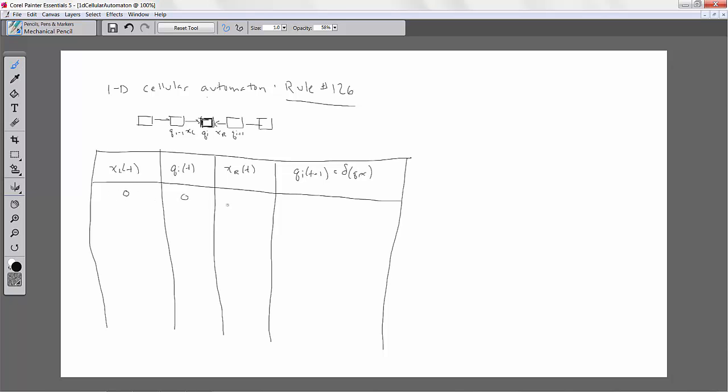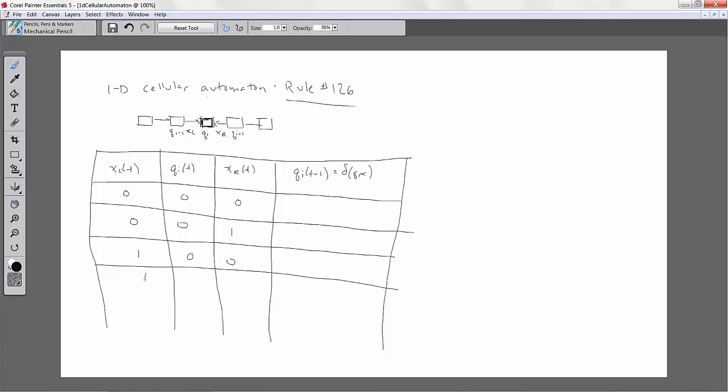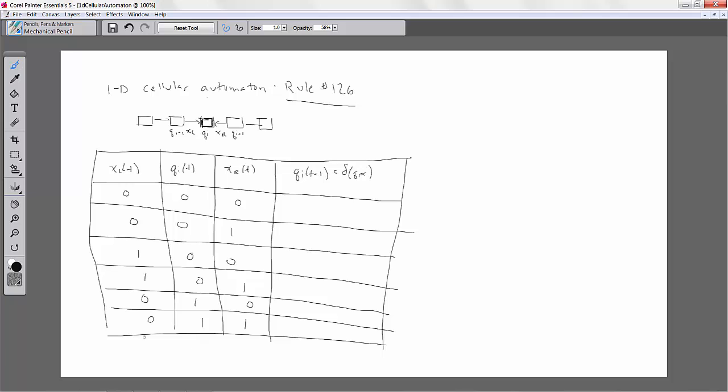So 0,0,0; 0,0,1; 1,0,0; 1,0,1; 0,1,0; 0,1,1; 1,1,0; and 1,1,1. Right? So these are the 8 possible situations that we might encounter.